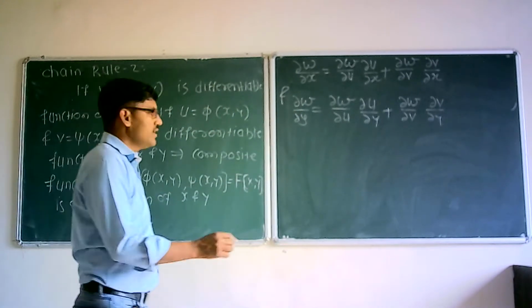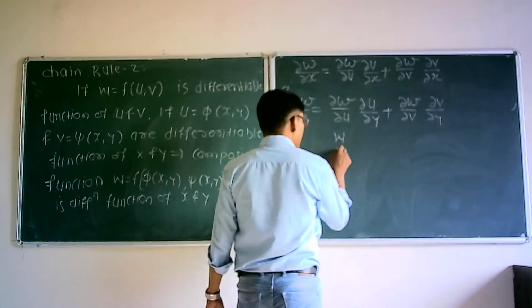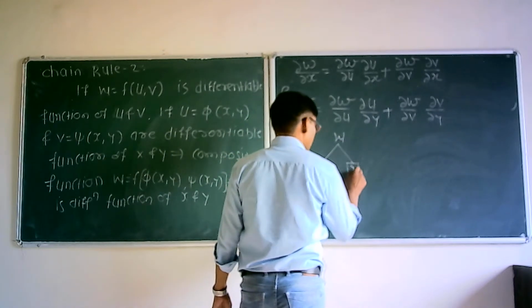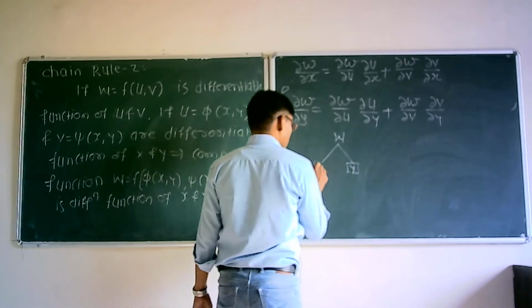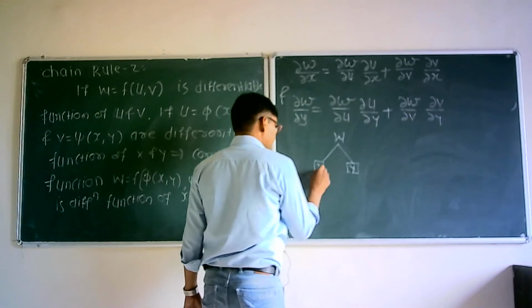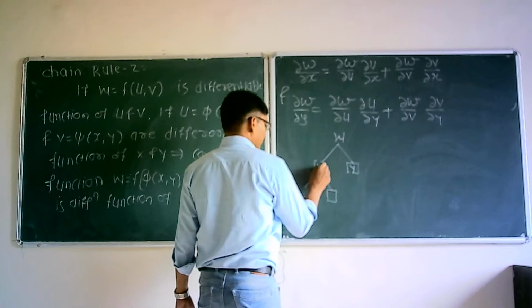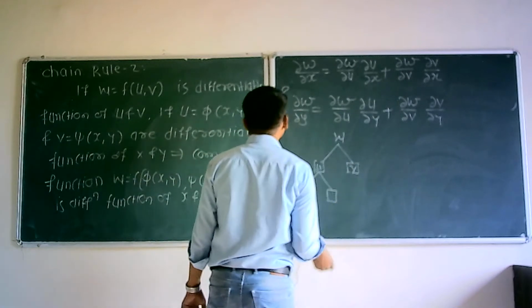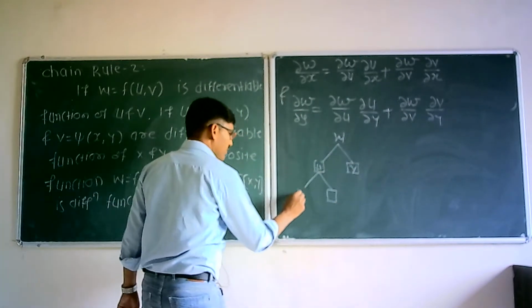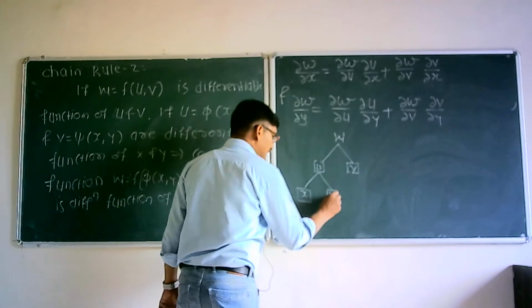So what is given here? w is a function of u and v, and u and v are functions of x and y.